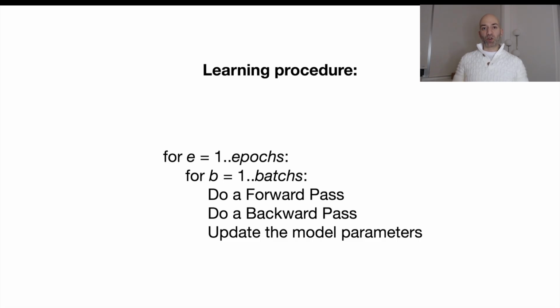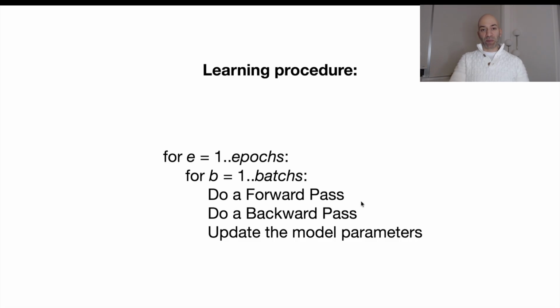Now, for each epoch, we can actually update the weights more than one time. The way that we do that is by setting this batch value. We can partition our training set into a number of batches and then update our weights after each batch has passed through. As we iterate through these two loops, we first compute what's called a forward pass, which is simply working through the neural network from the input layer to the output layer and recording all the activations along the way.